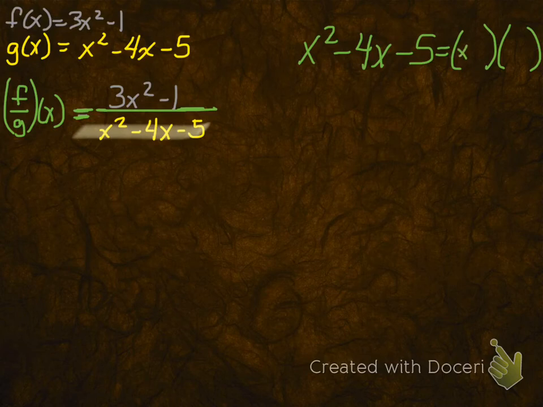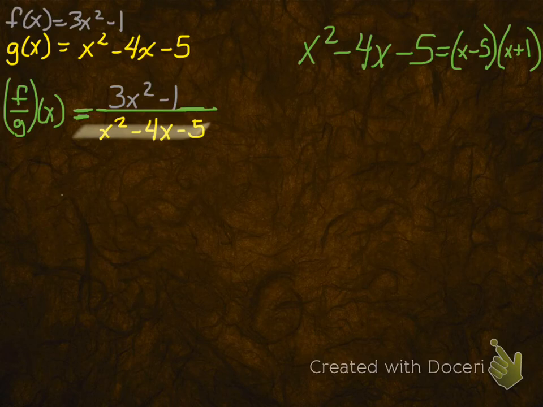And so if I multiplied x minus 5 and x plus 1, I would end up with x squared minus 4x minus 5.